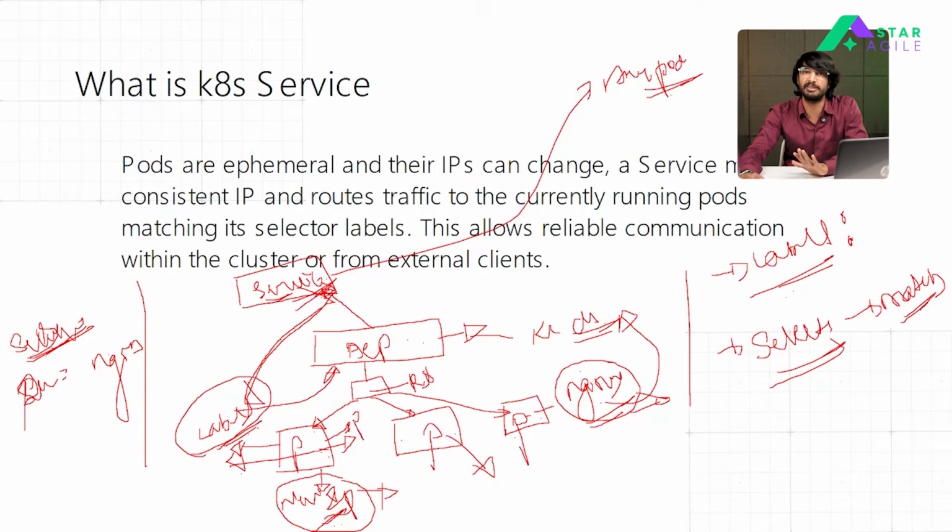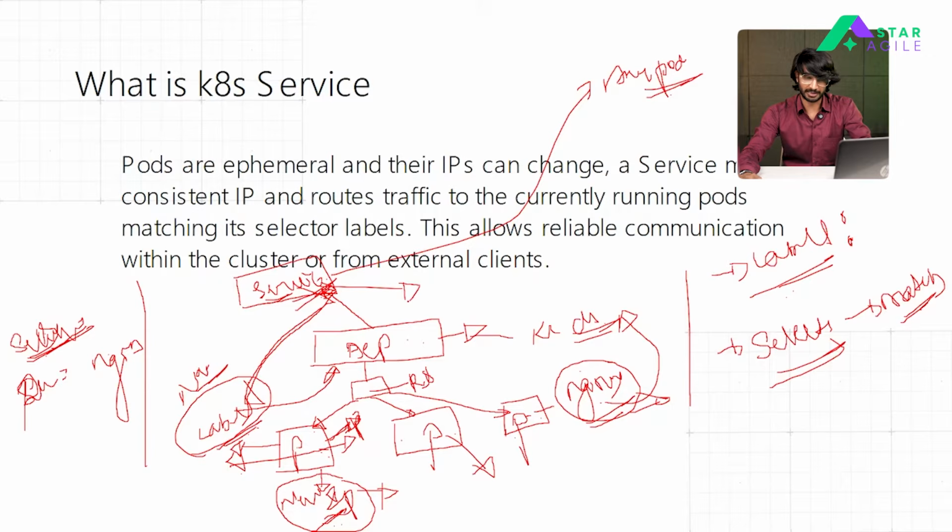Rather, it will be looking for the name of the pod. In this way, it doesn't matter what is present inside the pod, or what the IP address of the pod is. It will always reach out to the pod by using the name. Correct. This methodology, this new feature, is available in your Kubernetes service file.